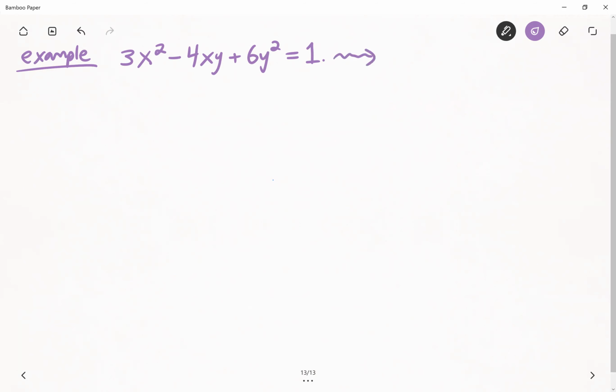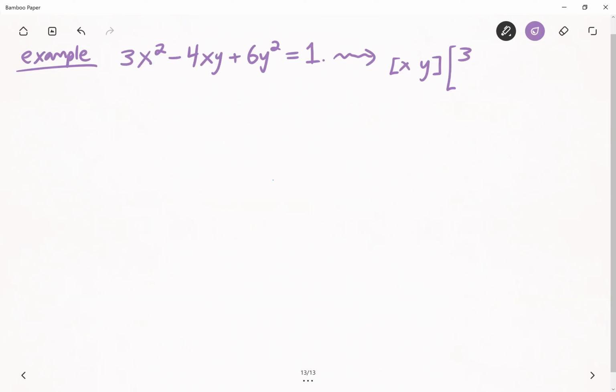All right, so next example. Let's try to graph the following quadratic function. 3x squared minus 4xy plus 6y squared is equal to 1. Now I can rewrite this as a quadratic form as follows.